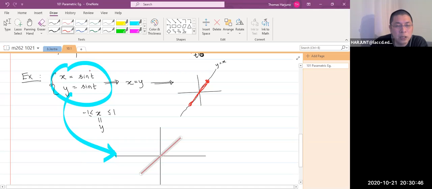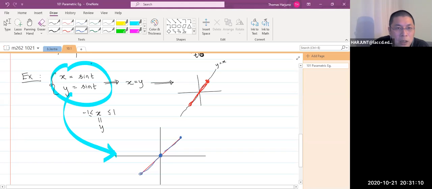The thing is, t actually moves from negative infinity to infinity. You don't say anything about the t terms. When t equals 0, the coordinate is 0, 0. When t is pi over 2, it's moving there. When t is pi, it's going back here. When t is 3 pi over 2, it's going here.